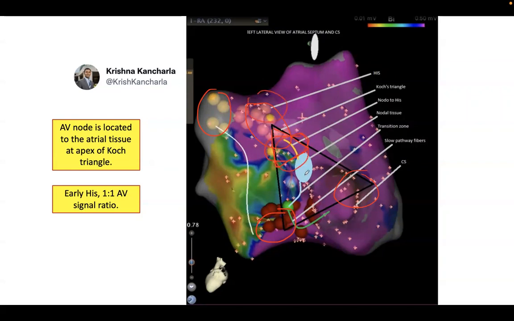This is just so you know, because when we go high for slow pathway modification or ablation, above the CS os, which is roughly here, you worry about ablating the AV node. Questions here, guys?